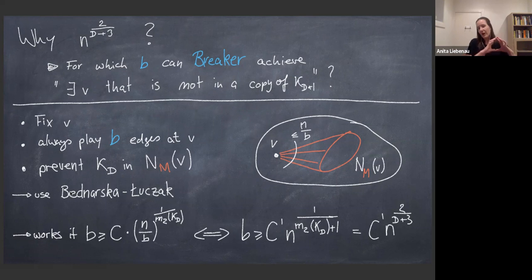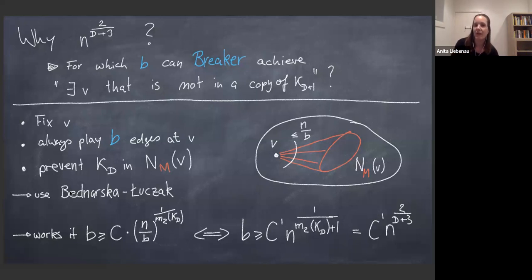And we do have a criterion for how to prevent a copy of K_d on some K_{n/b}, which is due to Bednarska and Łuczak. So that's the theorem I showed a couple of slides earlier, which tells you if your b is at least some constant times the size of the board raised to 1 over the m_2 density of this K_d, then Breaker has a strategy to prevent a copy of K_d in this board.